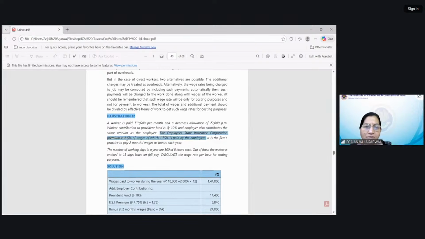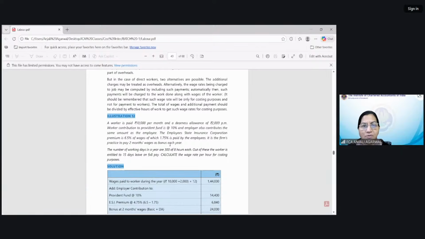But the ESI contribution is 6.5%, out of which 1.75% is paid by the employees. So 6.5 minus 1.75, 4.75% is what the employer will bear.